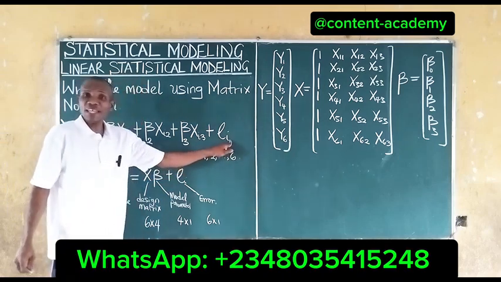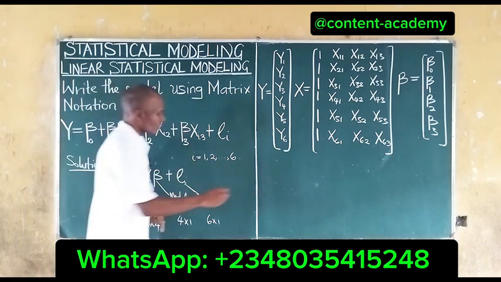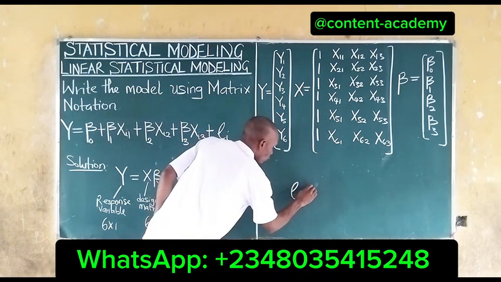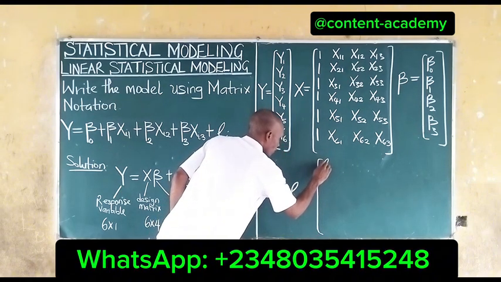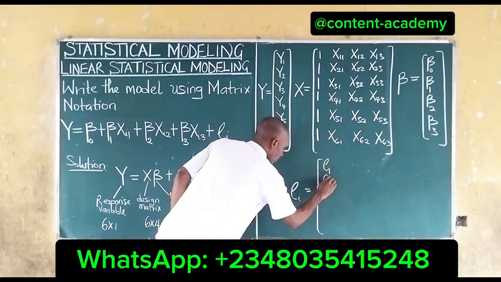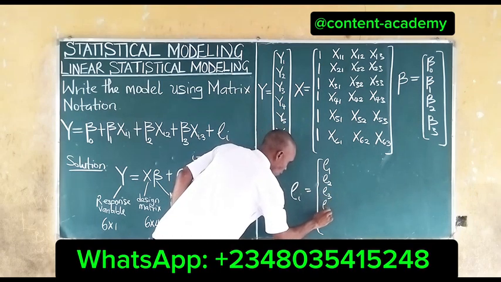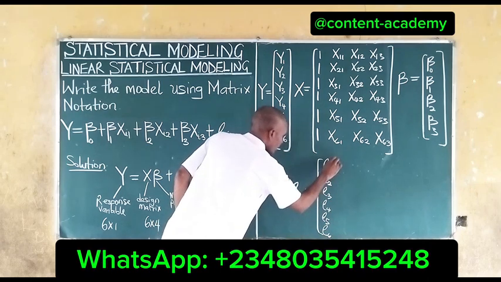We said it has 6 observations, so our error term will be e1, e2, e3, e4, e5, and e6.